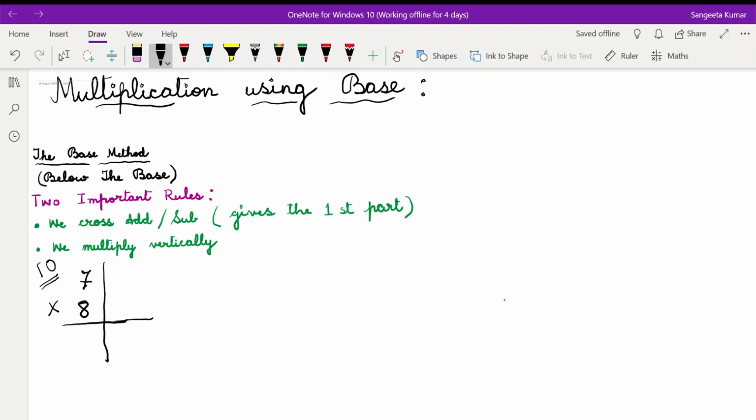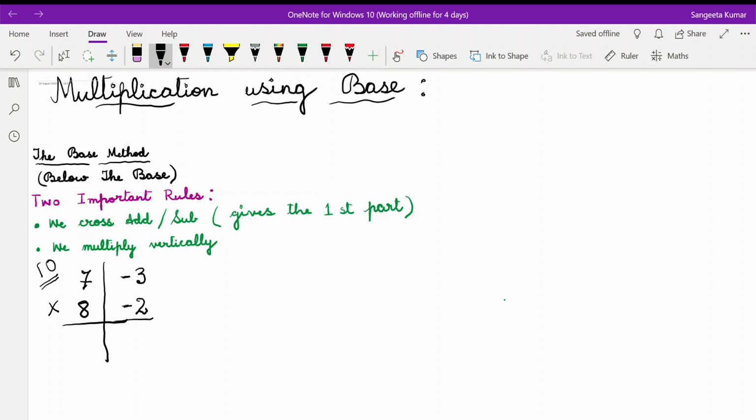So first we draw lines, and here we write down the difference. 7 is 3 less than 10, so we write minus 3, and 8 is 2 less than 10, so we write minus 2.